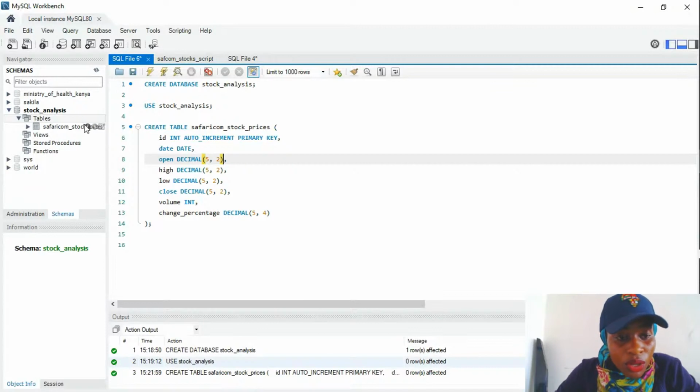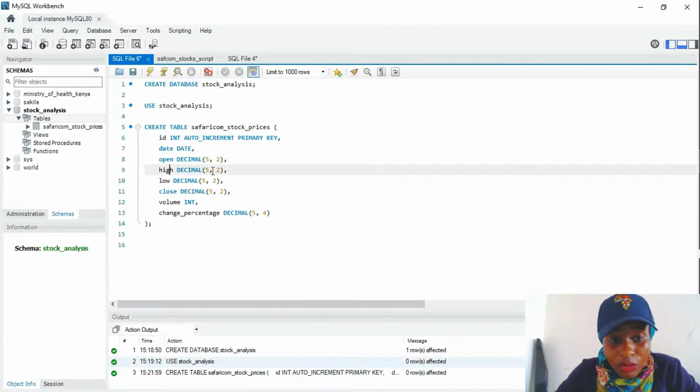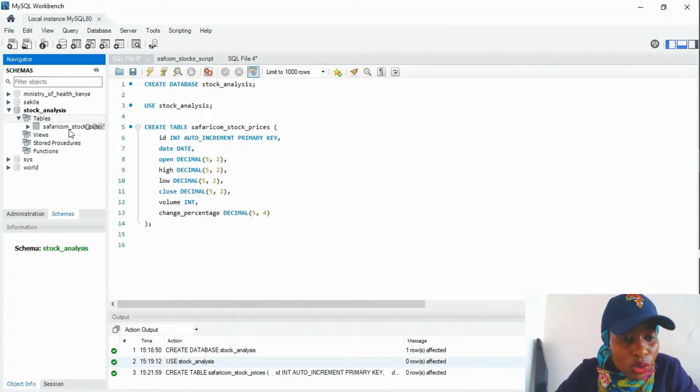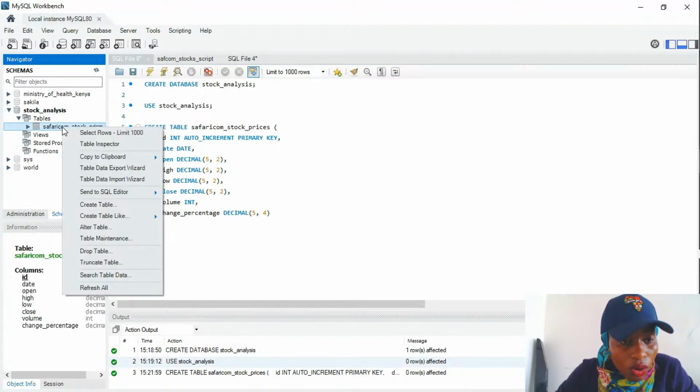We'll continue. After you've successfully created your table, come to refresh here, and then come to the tables and right click on the Safaricom stock table that is under the tables. Then come here to table data import wizard.